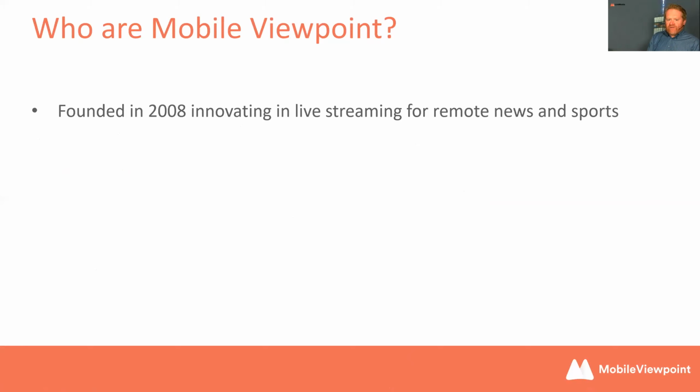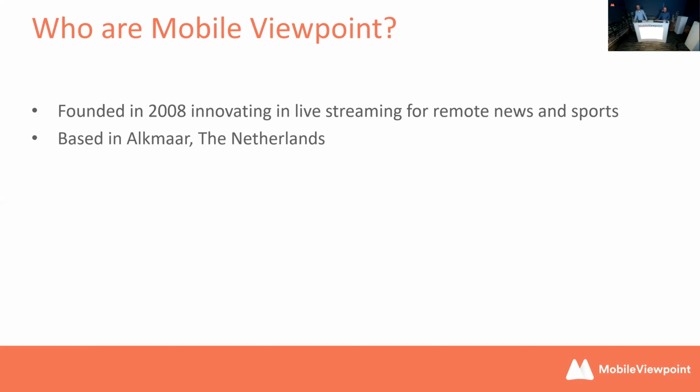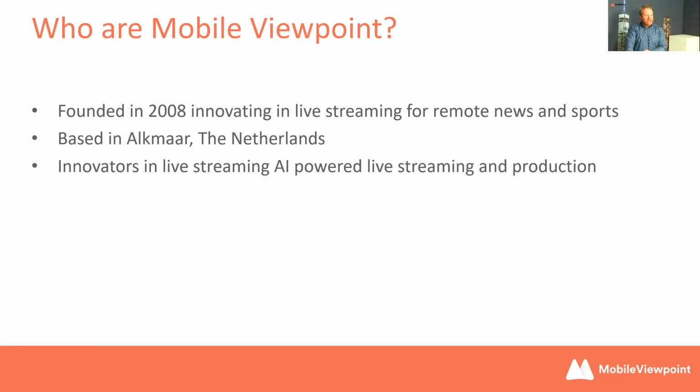And we bond together those 3G, 4G networks together for reliability, and also pioneers in H.264, H.265 encoding as well. We're based in Alkmaar. That's about 25 kilometers north of Amsterdam.